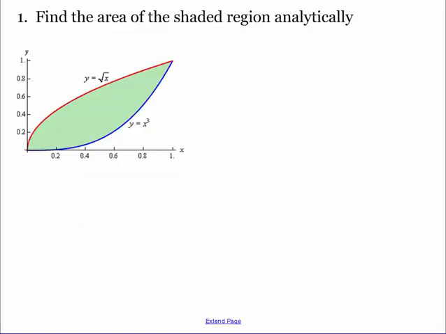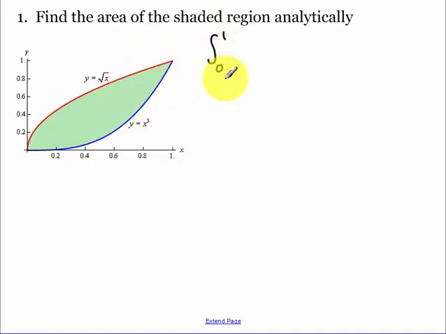Okay, our first example. So in this case we have the square root of x and we have y equals x cubed. And I'm going from 0 to 1 because these two curves intersect at 0 and at 1. Now I can tell that from my picture, but that's not always the case. You might have to do some algebra to find the intersection point.